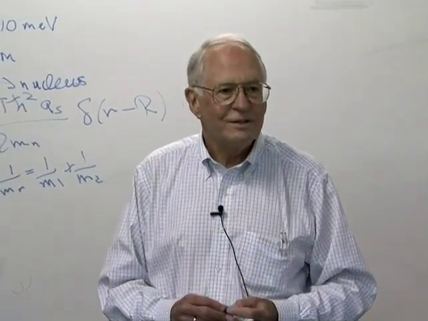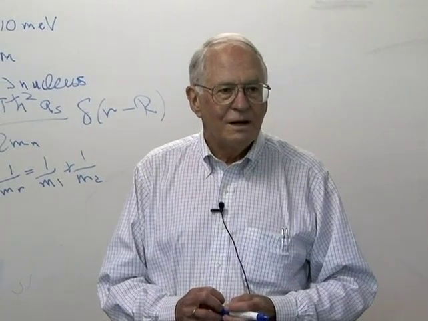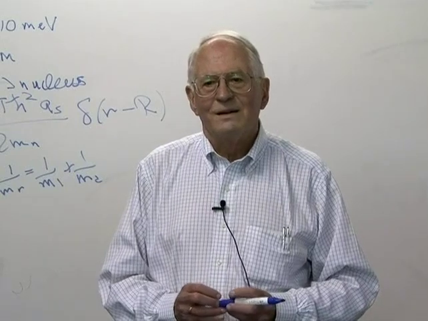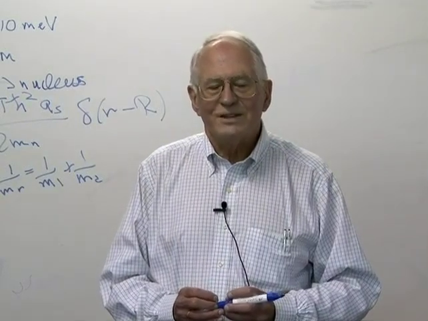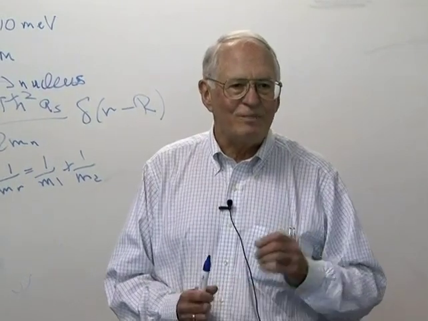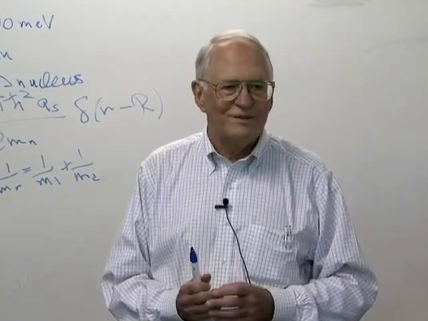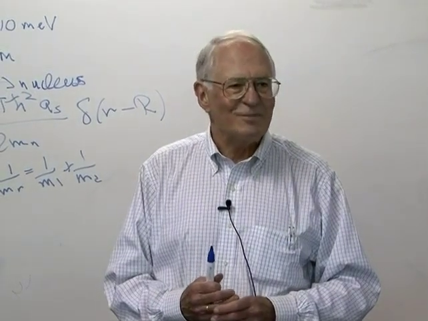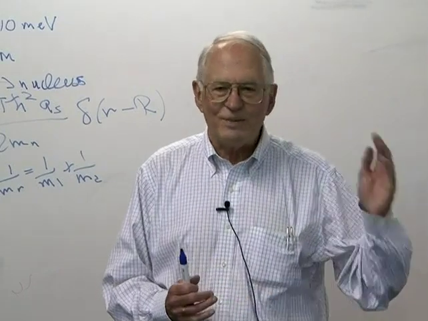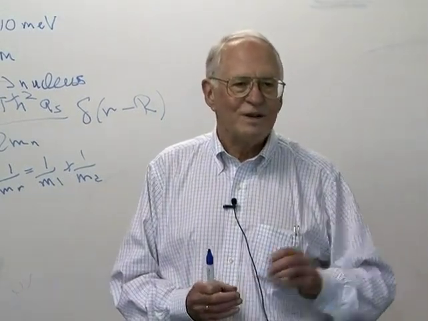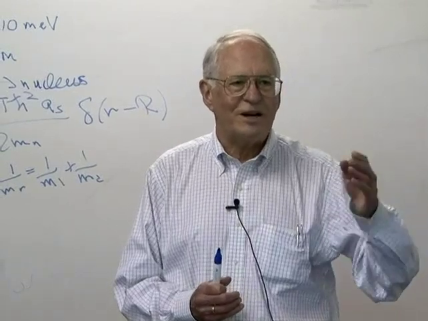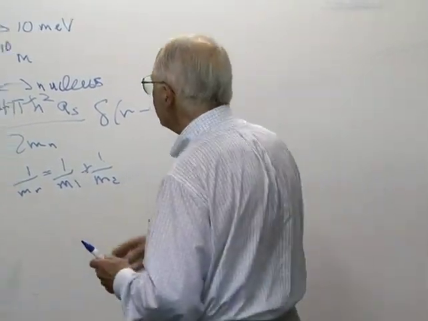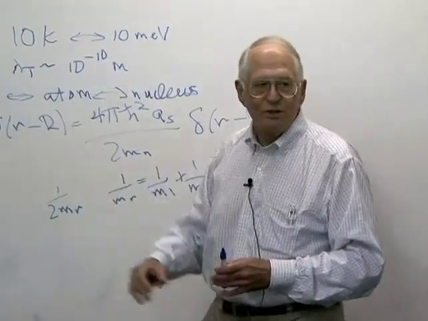Question, Chris? Is it S wave because the neutrons are so cold? I think that's the right answer. P wave scattering would involve extra factors, I'd have to think about them, but if you look at the expansion of the scattering amplitude, S wave is the leading term, and then you get a factor of k times the P wave, and k squared times the next, and because the wavelength is so small, I think you're always in the long wavelength limit.